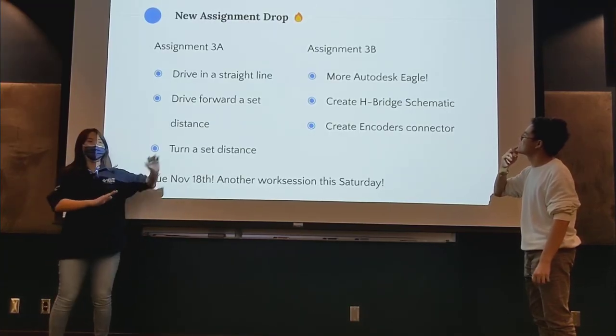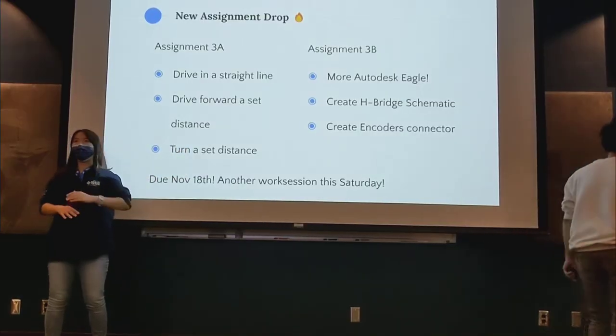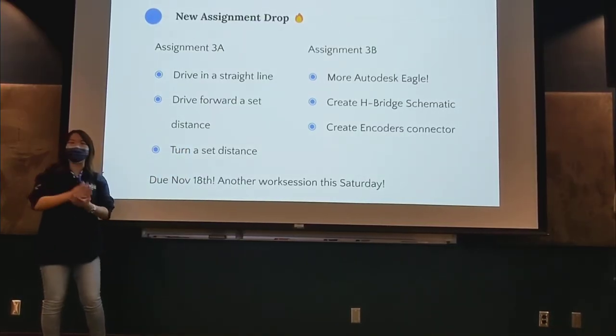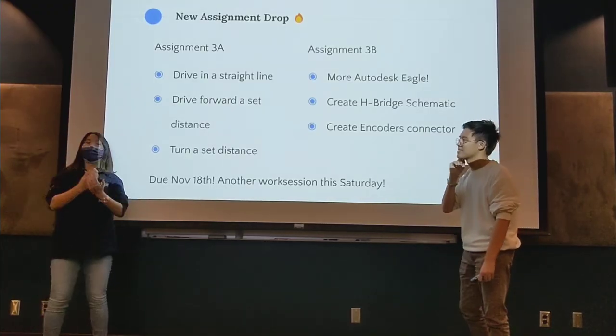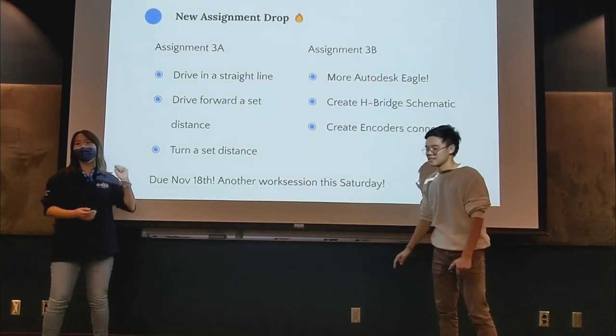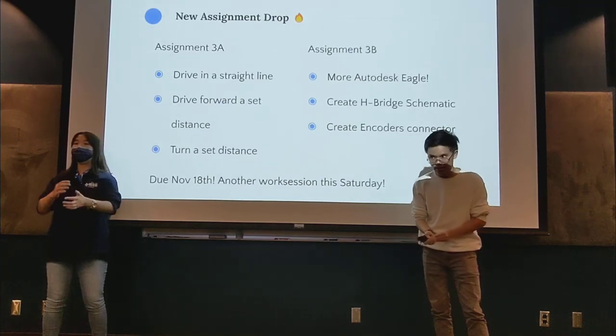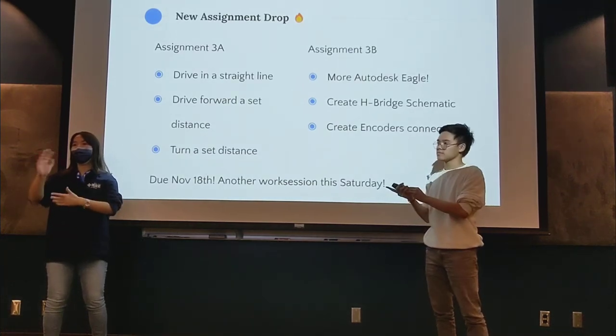Assignment 3B, you'll be using more of Autodesk Eagle. Instead of adding more to your schematic, you'll actually be designing your PCBs in it, and you'll get to learn the PCB design side of Eagle.